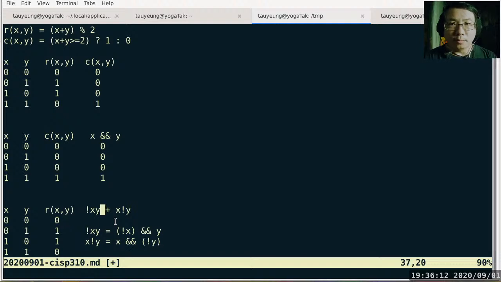In other words, okay, I'm not going to use this longhand much longer. But if you do want me to convert this to the longhand, there will be parentheses around this one, and this is OR. The other one is x and not y, like so. So that's the really longhand version of not x y or x not y.